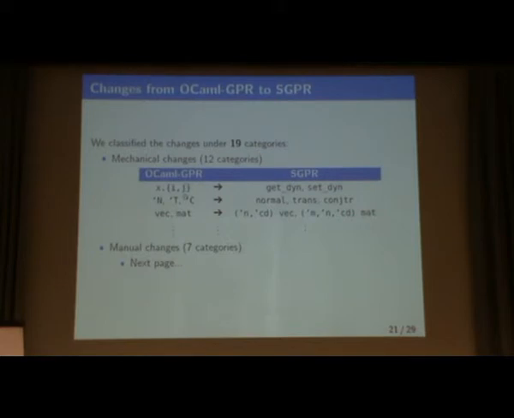For example, in OCaml GPR, accesses to big arrays are syntactically represented like this, but because our libraries are just libraries, we have to replace these syntactic structures by real functions. Also, as we explained, the transpose flags had to be replaced with symbols of specific types. And of course, the types must be annotated with this size information. So if there are some explicit type annotations, then we have to give the parameters. But these changes are essentially mechanical and could be automated.